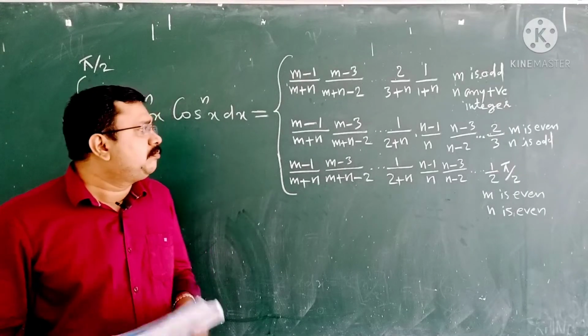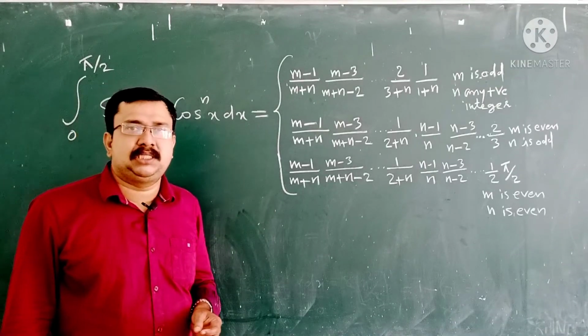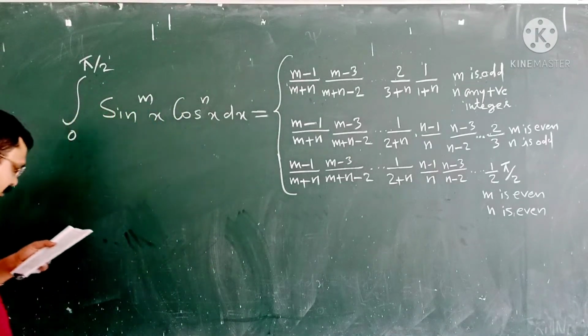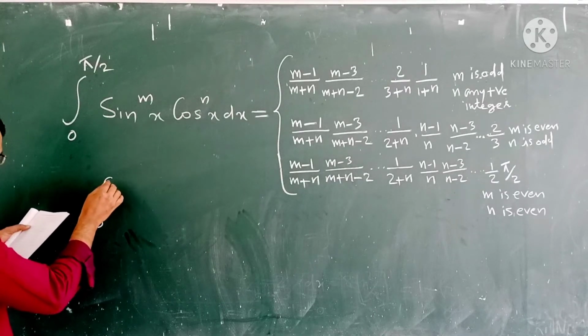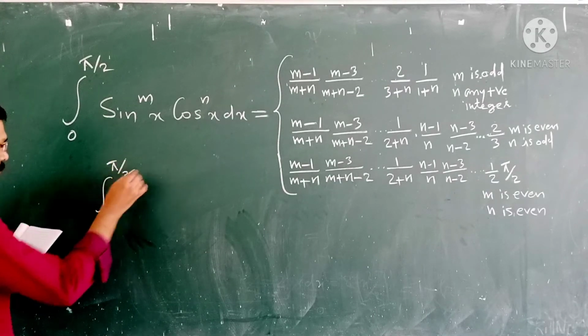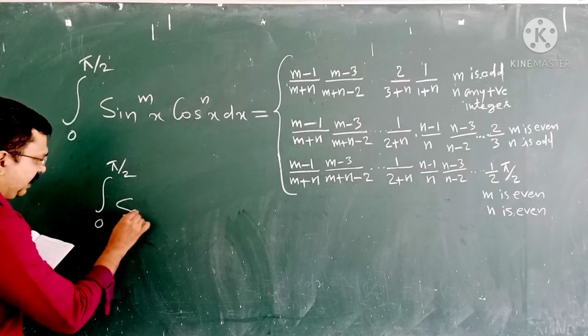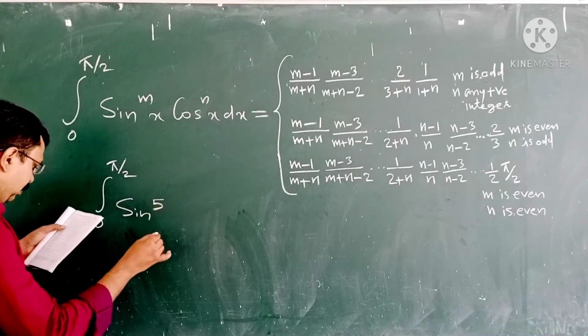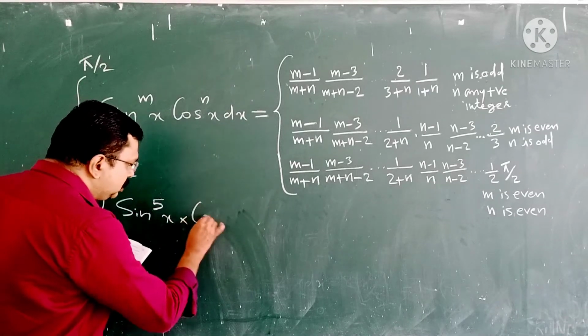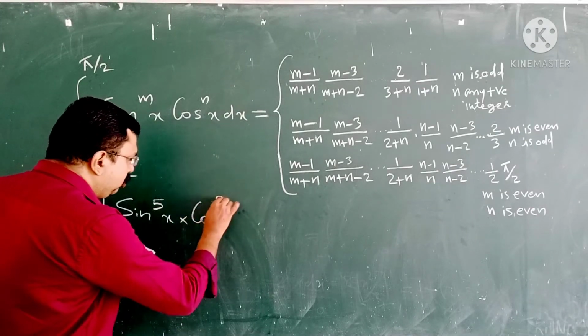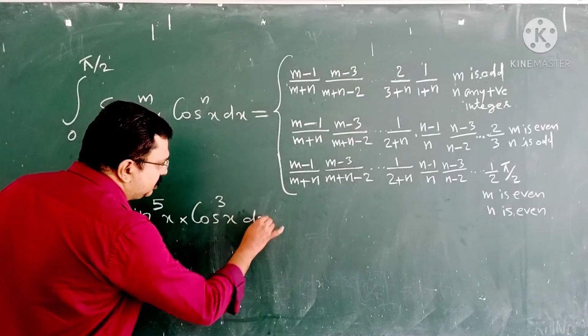Now we can do some problems. My first question is: find the integral from 0 to pi by 2 of sin^5 x into cos^3 x dx.